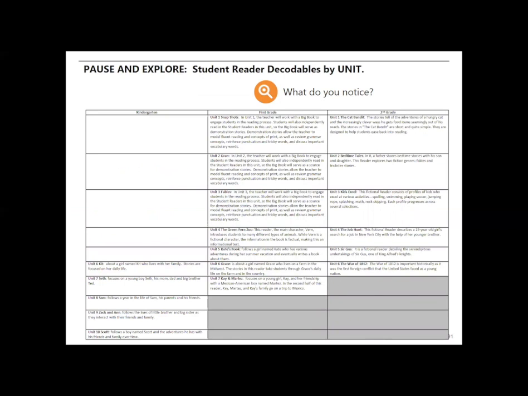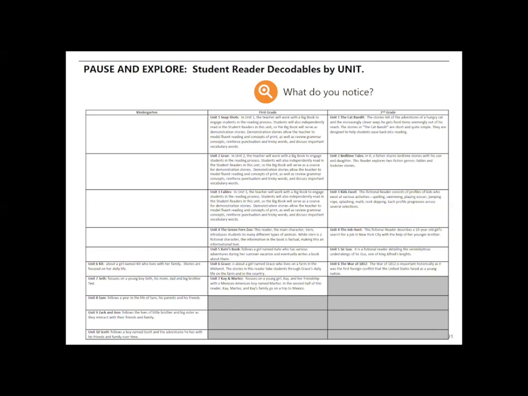So now we're going to pause and explore the student reader decodables by unit, so you can get familiar with what students are reading about across a year. It provides you with the names and overall themes of each reader, and each reader focuses on a key set of characters and information the students will follow and learn about over the course of each unit.